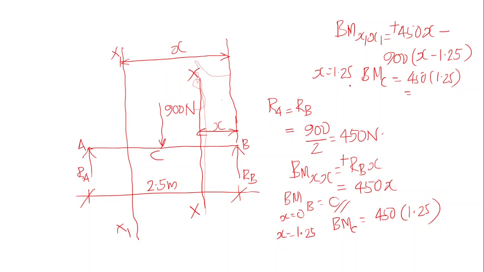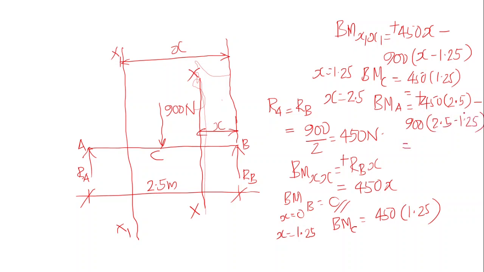When x is equal to 2.5, the bending moment at x1 will become the bending moment at A, that's equal to 450 into 2.5 positive minus 900 into 2.5 minus 1.25.